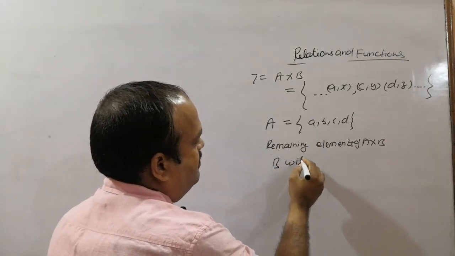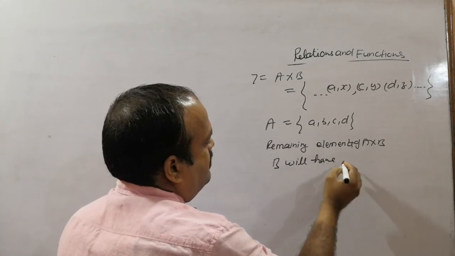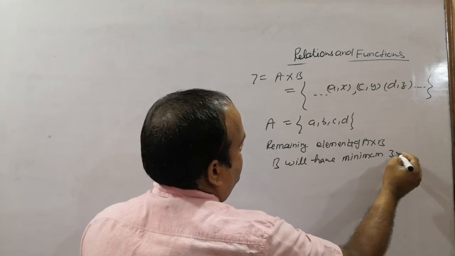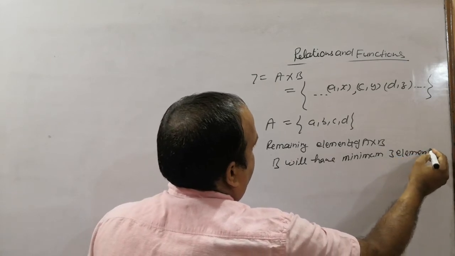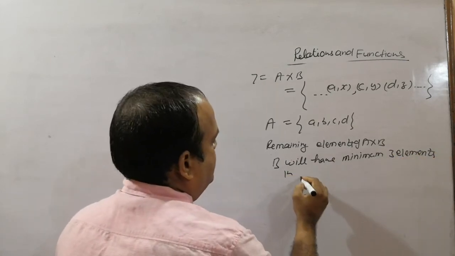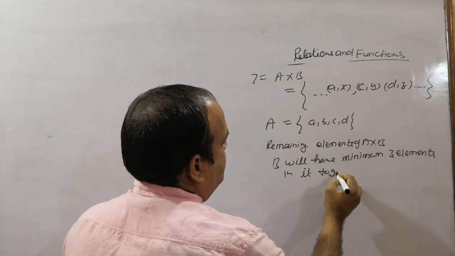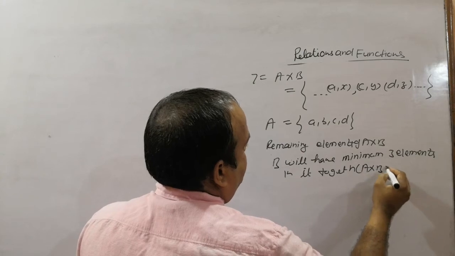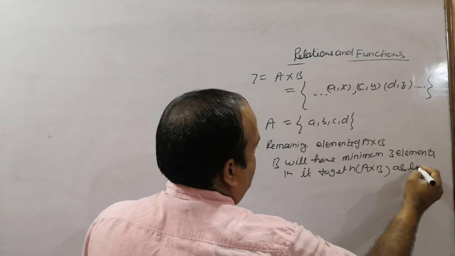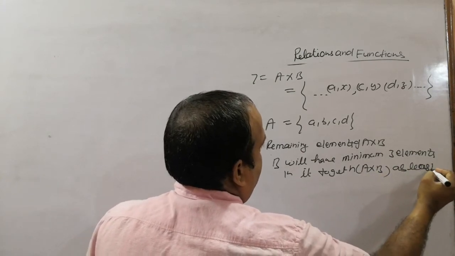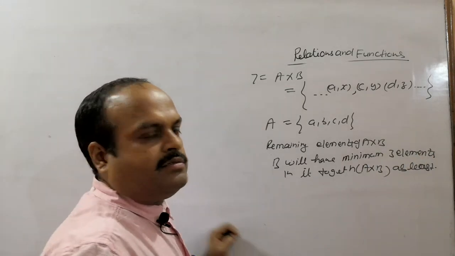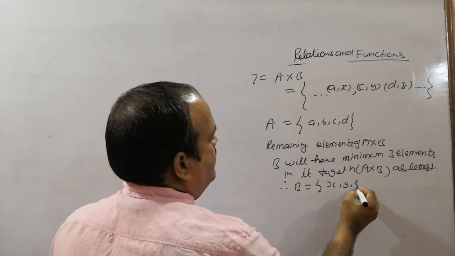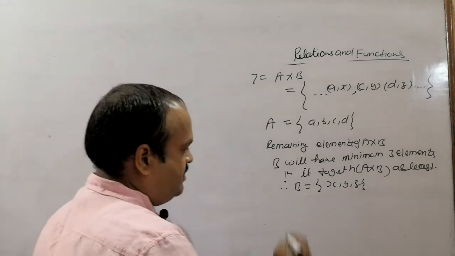B will have a minimum of 3 elements to get the cardinal number of A cross B as least. Therefore, B will be x, y, z.